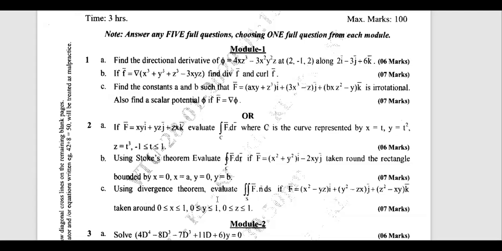I actually want to tell about this question number 2c. Just in 2 minutes, we'll discuss. See, using divergence theorem, evaluate the double integral of F dot n ds over S, if F is equal to this, taken around these limits. You remember, in divergence theorem such an example is solved.